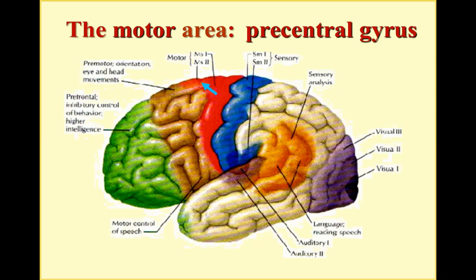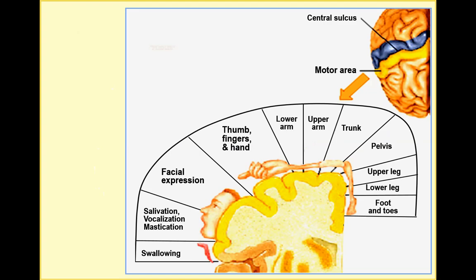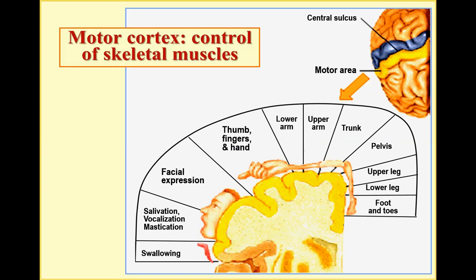Shown in red here is the motor cortex that controls the skeletal muscles of the body. And here you see the cross-section of the precentral gyrus, shown in yellow, and the cortex also in yellow beneath.